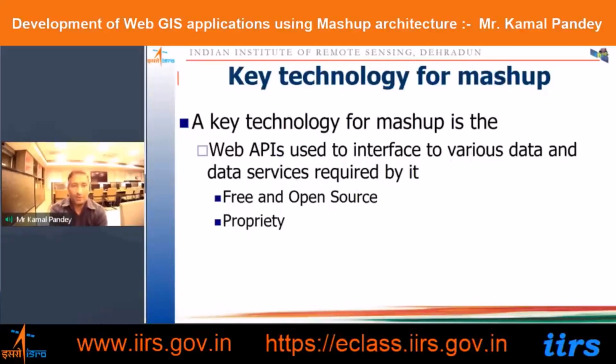If you have that API or web service, then you can easily create a Mashup architecture. You can also integrate your local data with the API, so that it can be used for appropriate decision making applications.